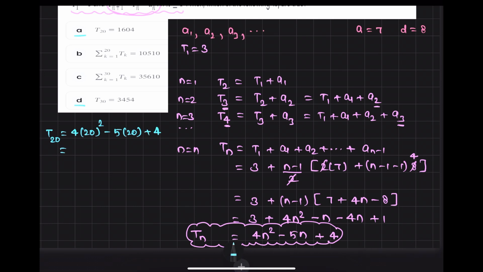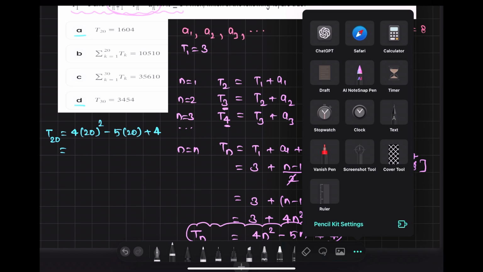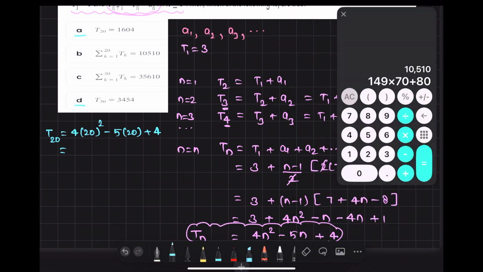I will be using a calculator, but you are not supposed to do so; you have to simplify things. So it is 4 times 400, which is 1600, minus 100 plus 4. So we got 1504. But in the option it is given as 1604, so option A is wrong.